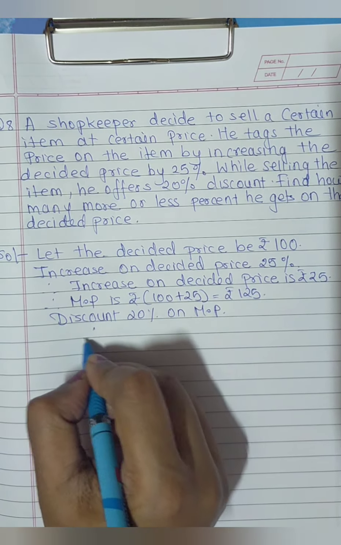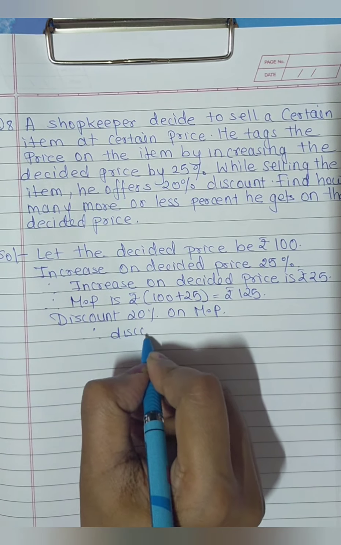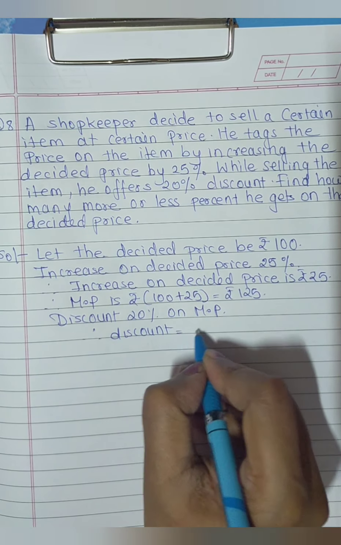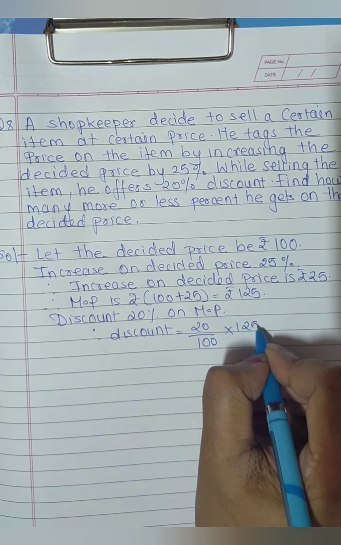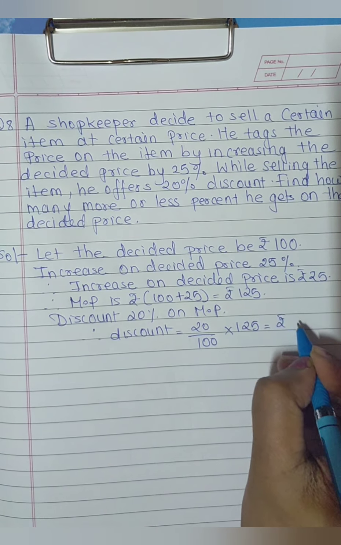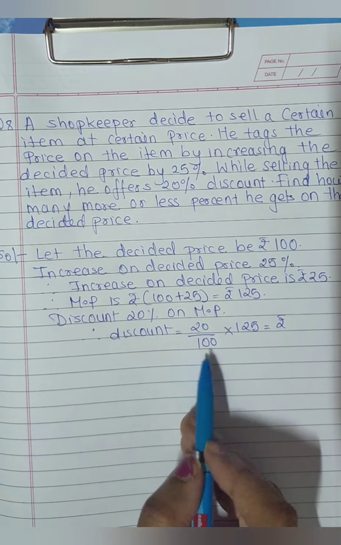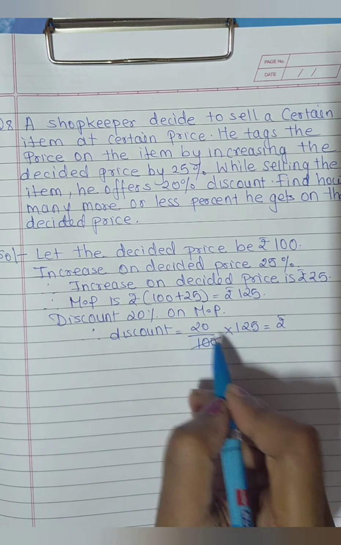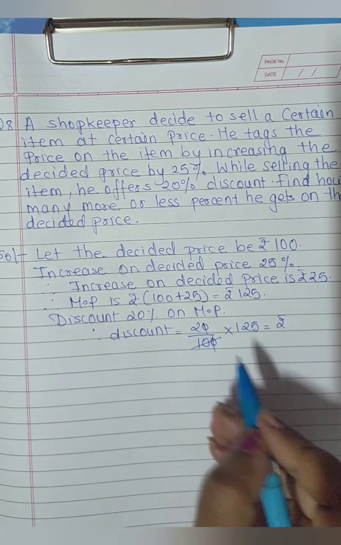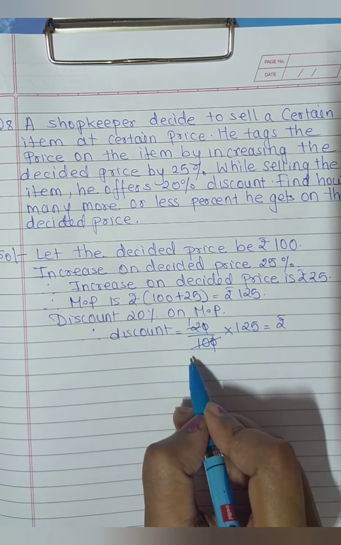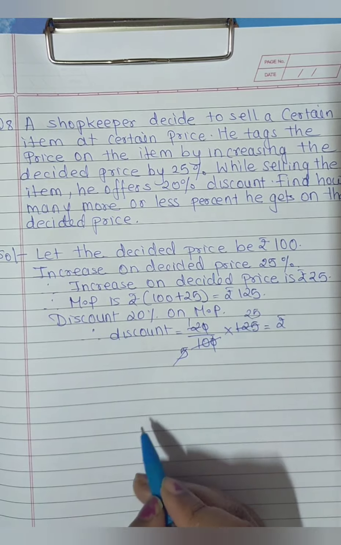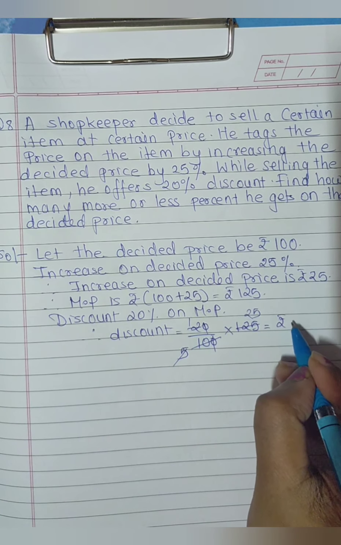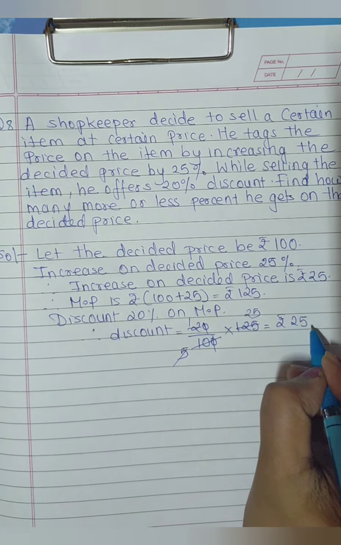So therefore discount equals 20 upon 100 multiplied by 125. For this, first the 0 will cancel, then 5 twos are 10, so the answer will be rupees 25.